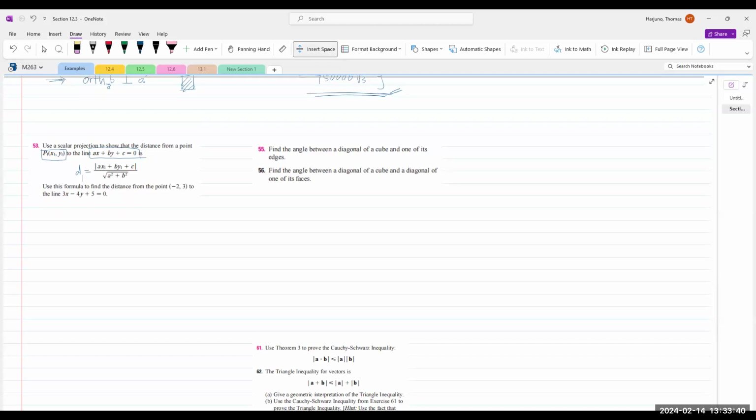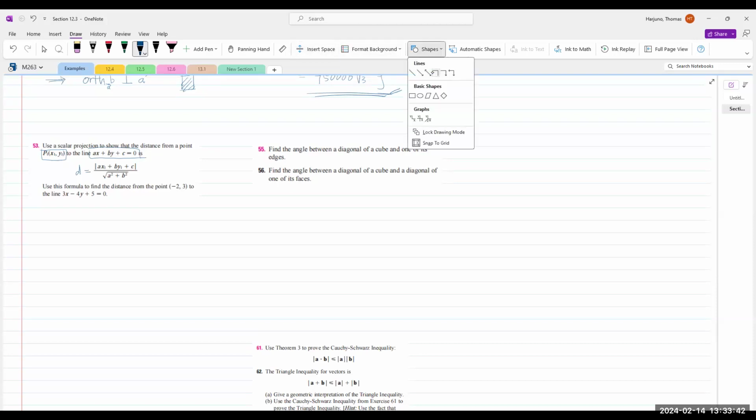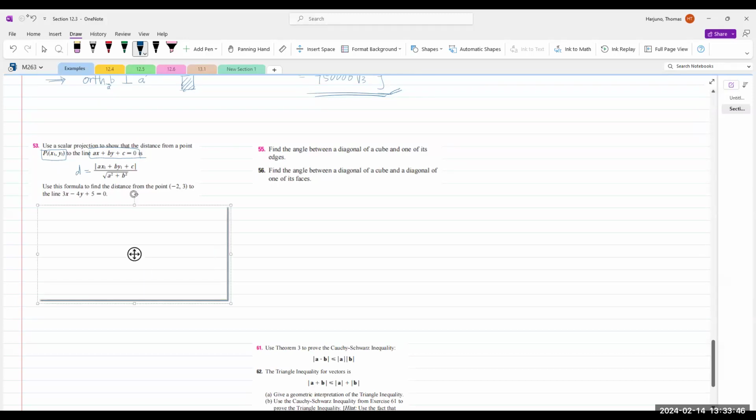So suppose we have a line and we have a point P. Let's call this point P1, x1, y1.